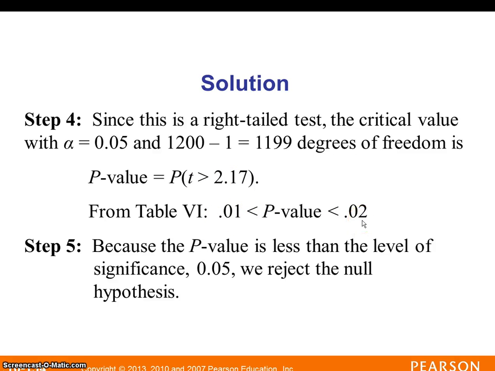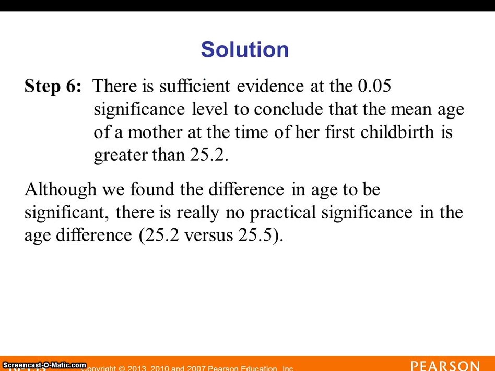Again, you could calculate this exactly using StatCrunch, but all we need is enough to compare it to the alpha level, which is 0.05. And so in this case, because the p-value is less than 0.02, which would also be less than 0.05, we can reject the null hypothesis. So the conclusion then is that there is sufficient evidence at the 0.05 level of significance to conclude that the mean age of a mother at the time of her first childbirth is greater than 25.2.